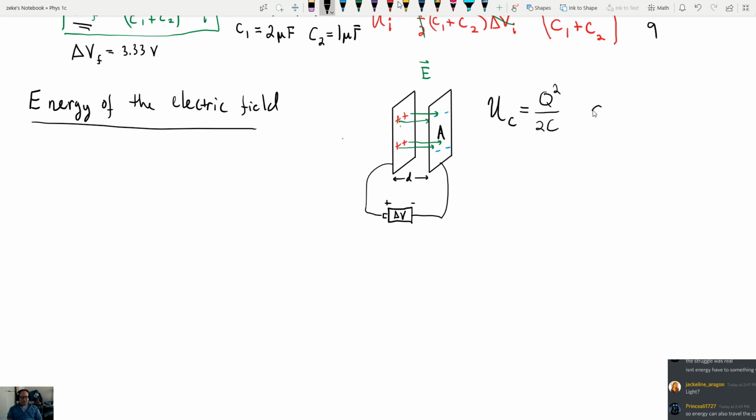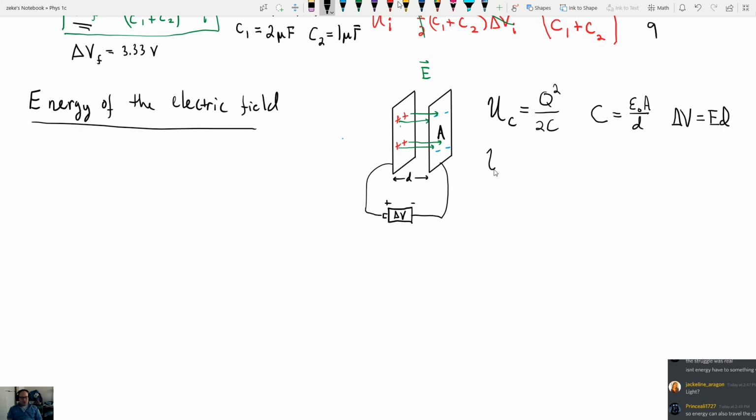We need the definition of capacitance for a parallel plate capacitor, which is C equals epsilon naught times A divided by D. We're also going to need the definition of the electric field and how it relates to the potential difference, which is delta V equals the electric field times the distance between the plates. I think that's it.